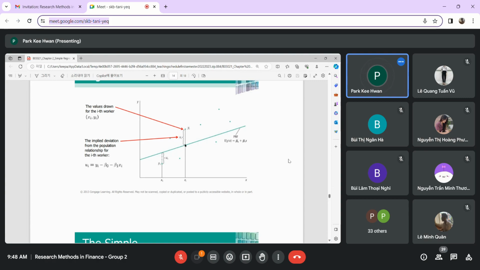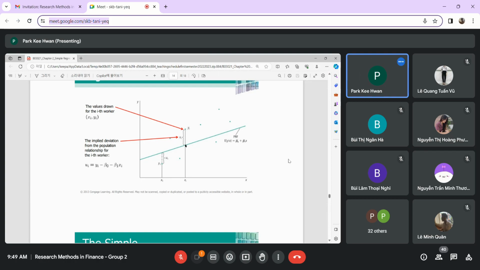So this beta naught plus beta 1 xi is the point on this population regression function. And this yi is the actual wage rate, and this point is the wage rate on the population regression function. So this is the average wage rate.